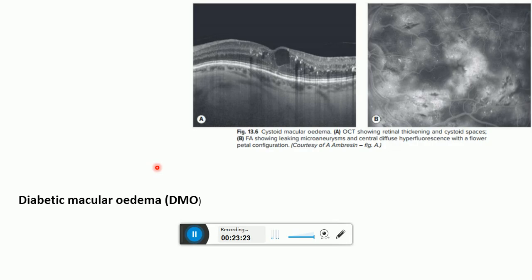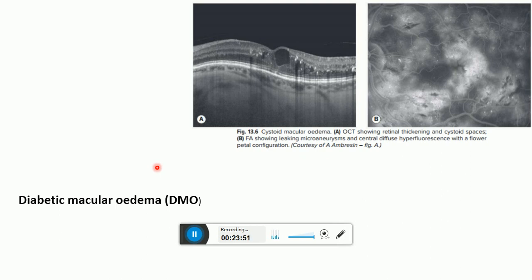Diffuse retinal edema is caused by extensive capillary leakage, and localized edema occurs by focal leakage. So there is focal leakage and there is extensive capillary leakage.